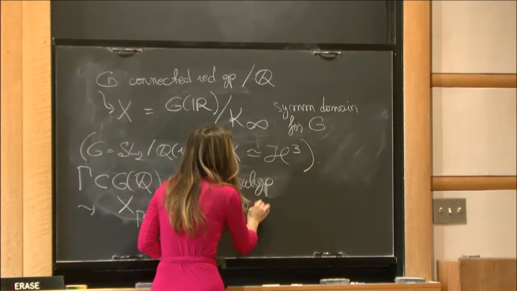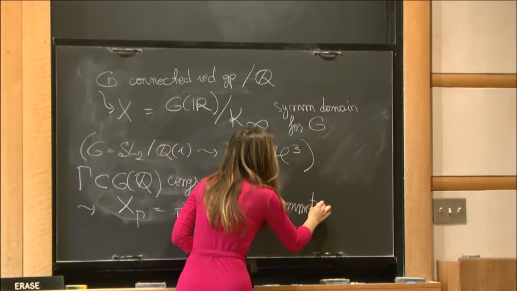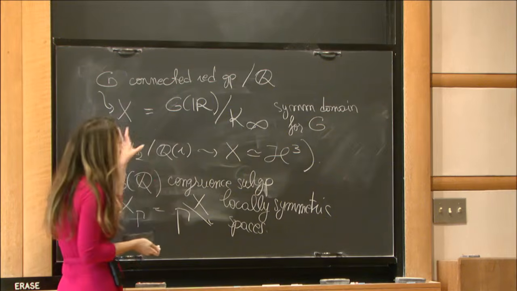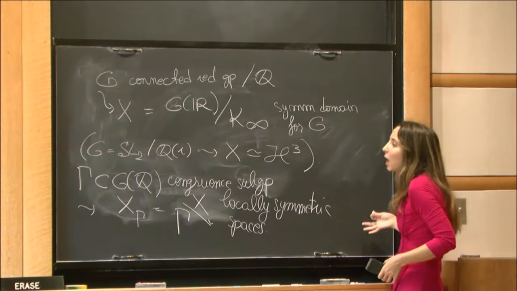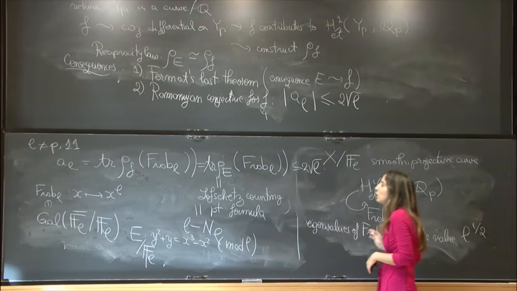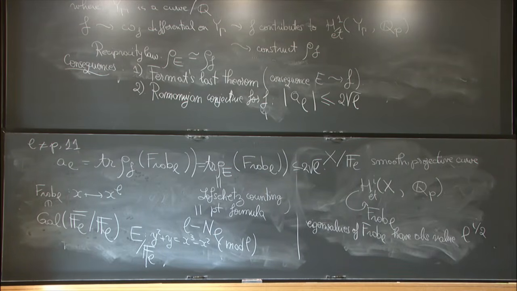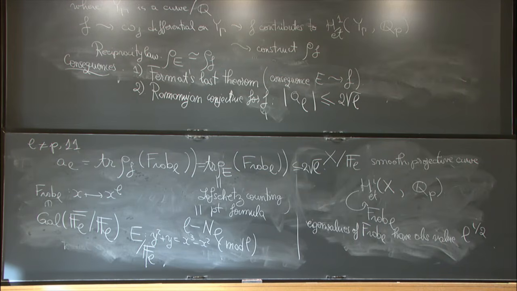These are locally symmetric spaces for the group G. In the case when G is SL2 over an imaginary quadratic field, the locally symmetric spaces are arithmetic hyperbolic 3-manifolds. So again, you don't have an algebraic structure the way you did for the quotients Y gamma, which were these curves defined over Q, modular curves. So you don't always have an algebraic structure.